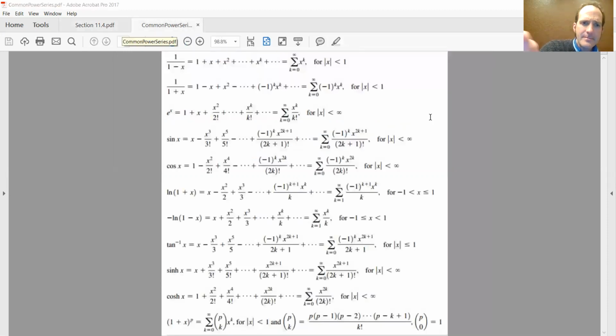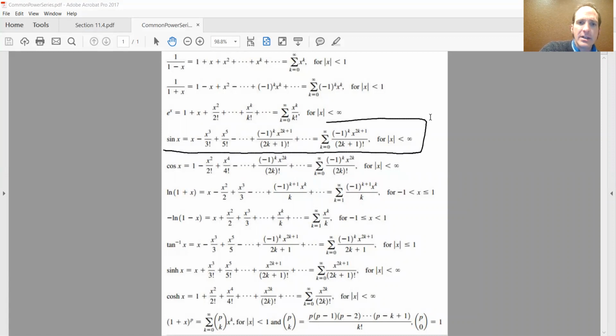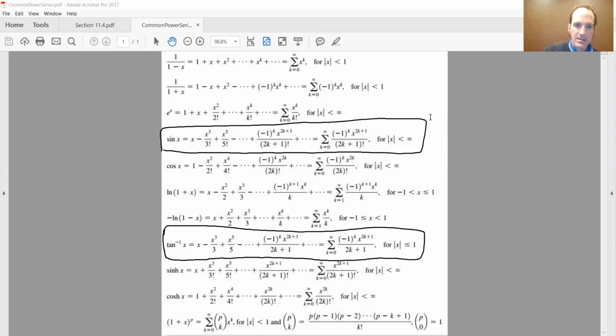So I'm going to go back and look at the series. Sine of ax, we looked at, just put an a in for all those, and it's going to be ax minus (ax) cubed over 3 factorial, plus (ax) to the fifth over 5 factorial, and so on. So that's nice. And then the inverse tangent actually is not too bad either. It looks a lot like the regular sine.